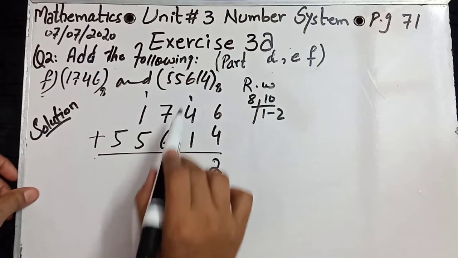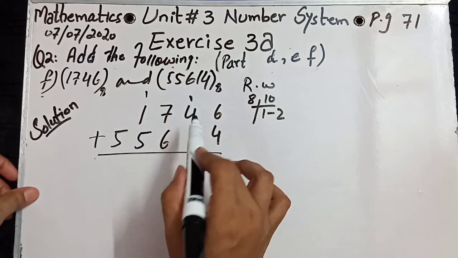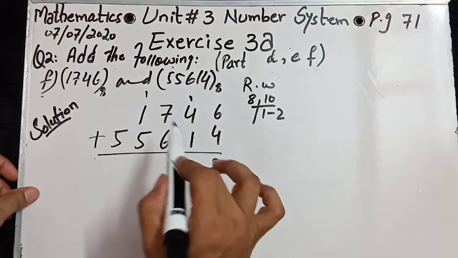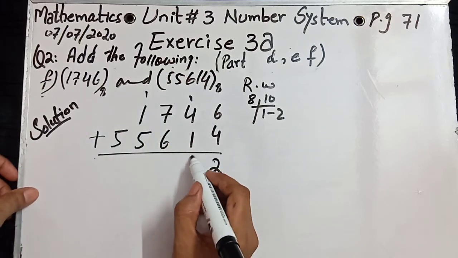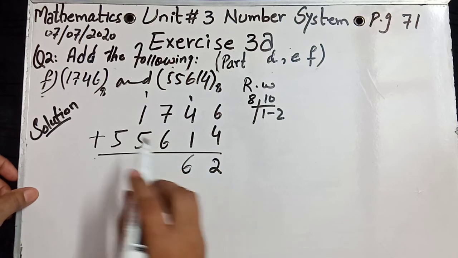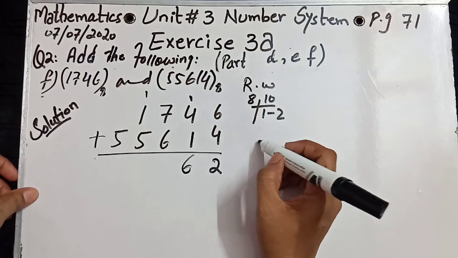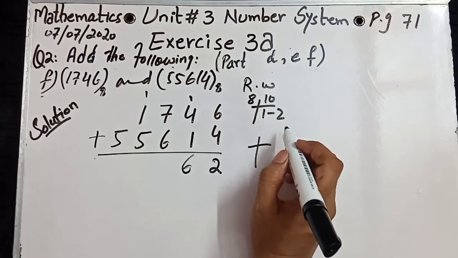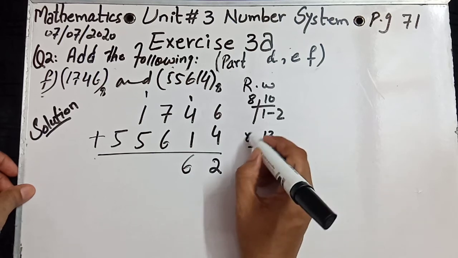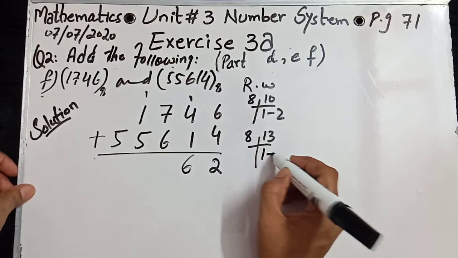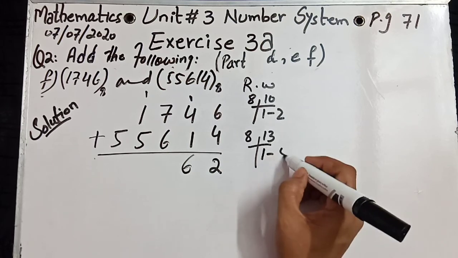4 plus 5 plus 6... After add we get answer 6. 6 is less than 8, so as it is, copy down 6. 7 plus 6 is 13. 13 is greater than 8, so we convert into base 8 system. 8 ones are 8. 9, 10, 11, 12, 13. 5 is left.